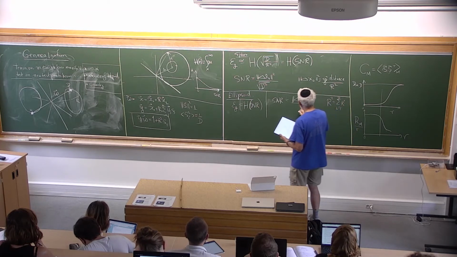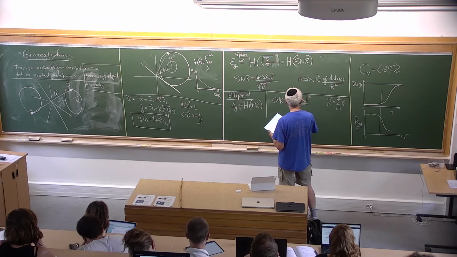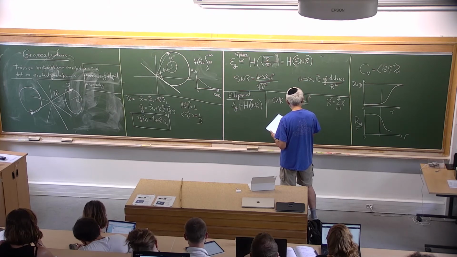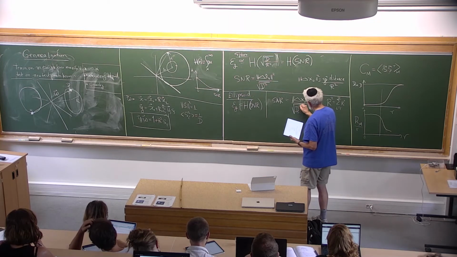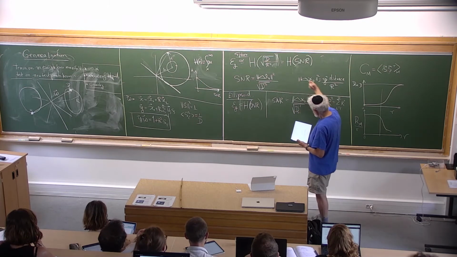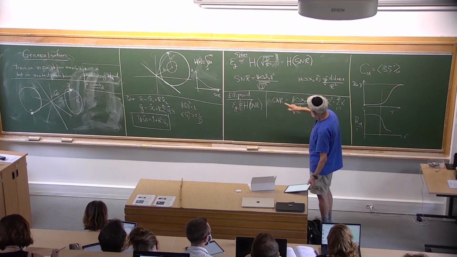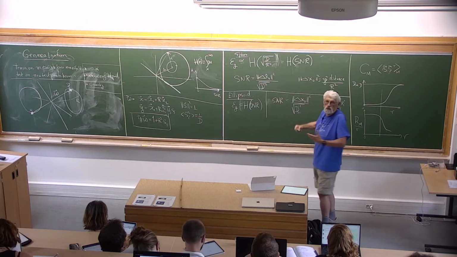And then here there will be the square root of the effective dimension of the ellipsoid, minus 1. Again, when the effective dimension is large, then you are better off. But what is the dimension of the ellipsoid?